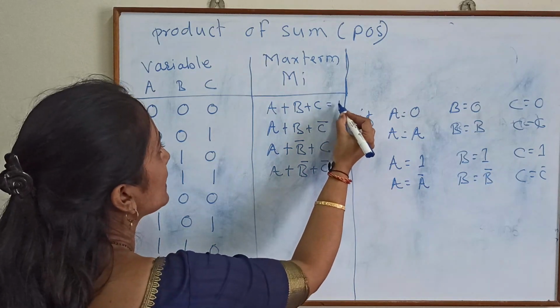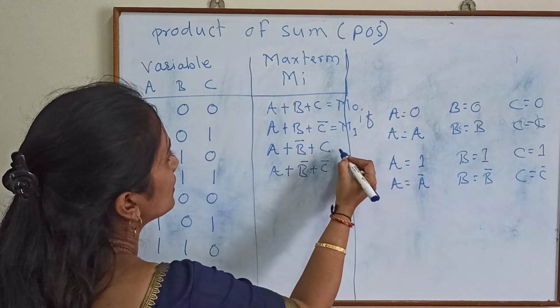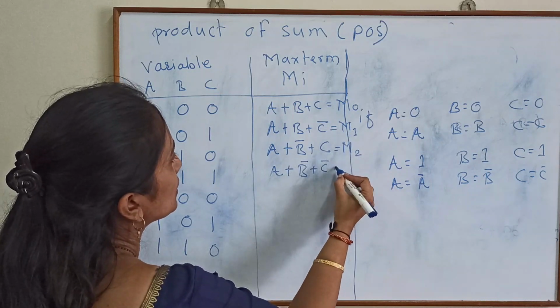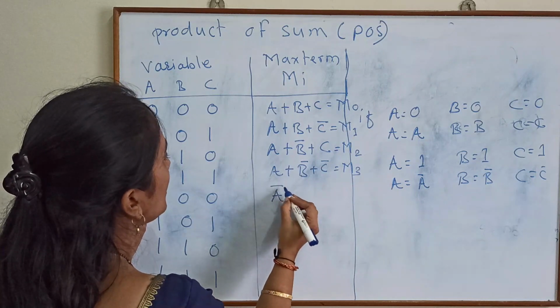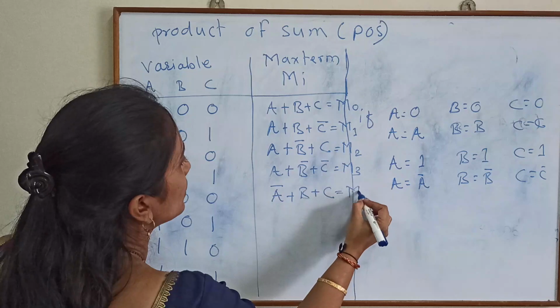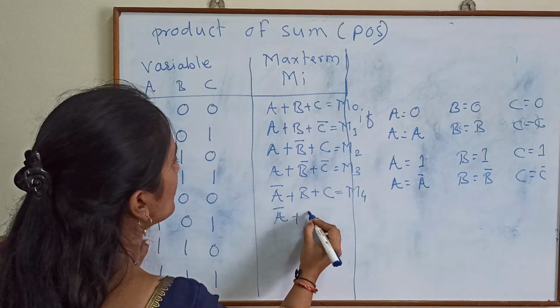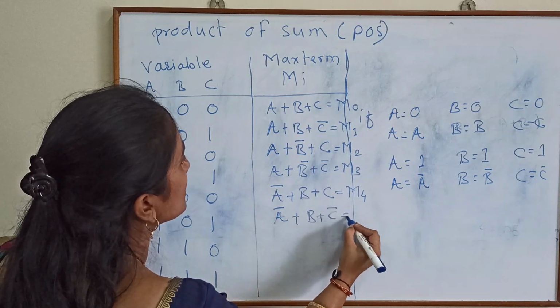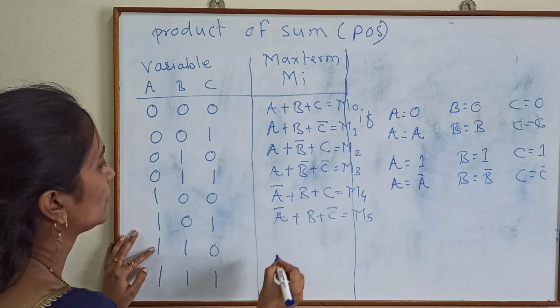This is nothing but capital M0. This is capital M1. This is M2. This is M3. Here A bar plus B plus C, that is equal to M4. A bar plus B plus C bar, that is equal to M5.